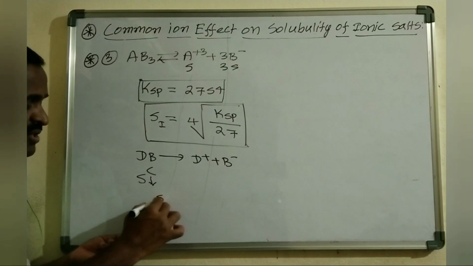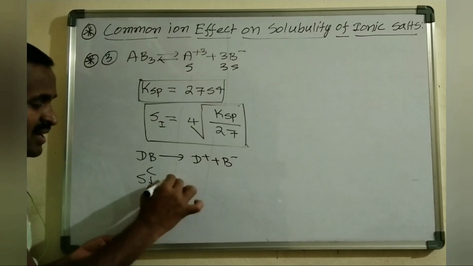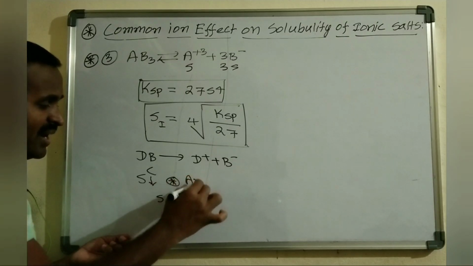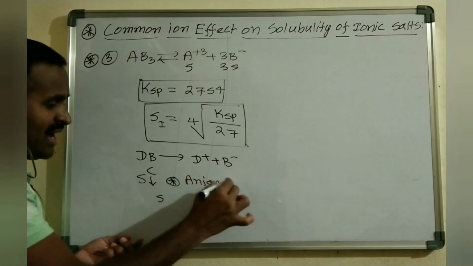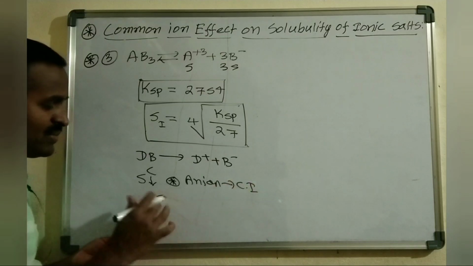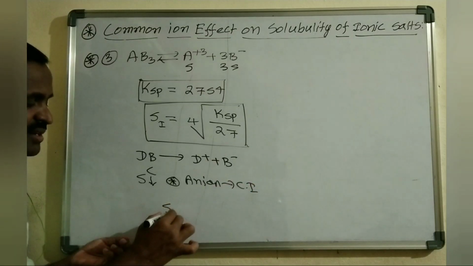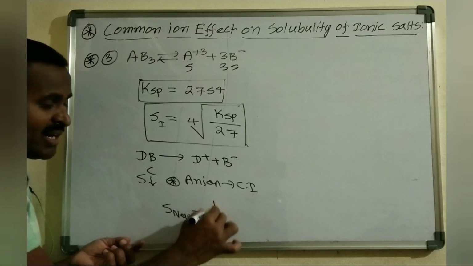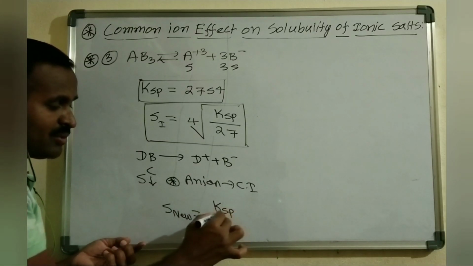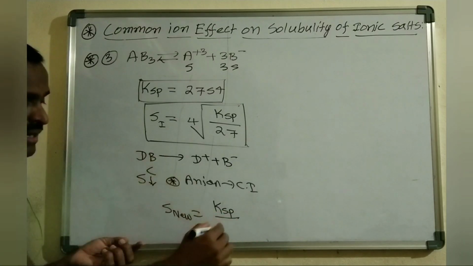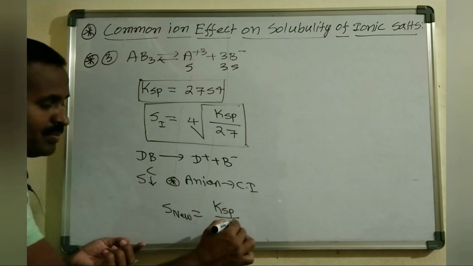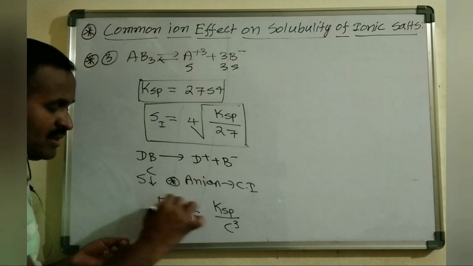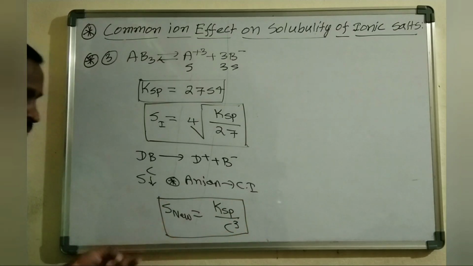So the new solubility, that means here the anion is a common ion. Whenever the anion is a common ion, the new solubility is the solubility product divided by the concentration power 3. This is the new solubility.